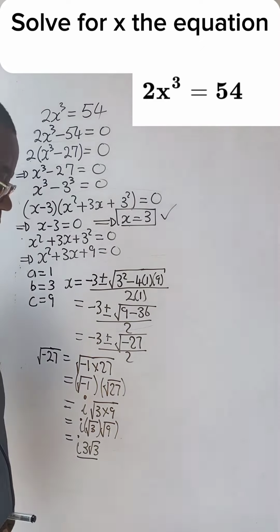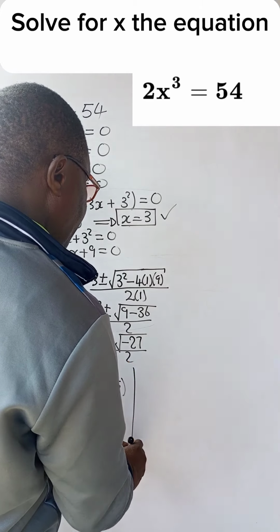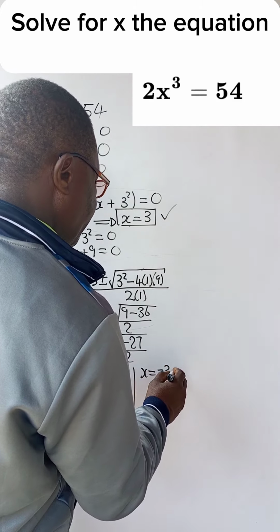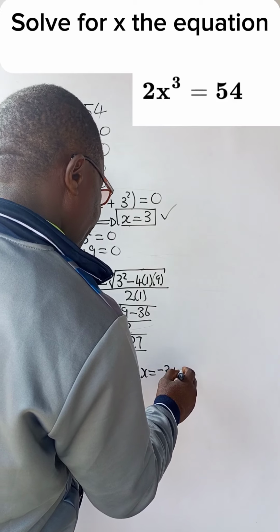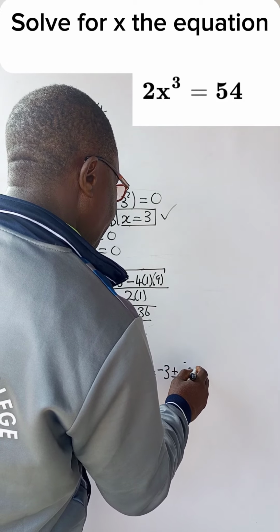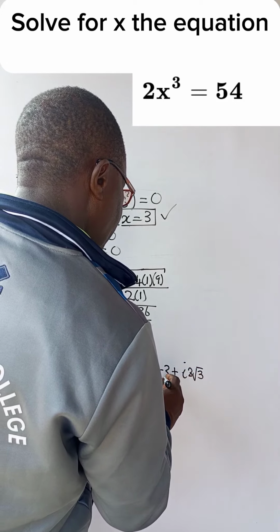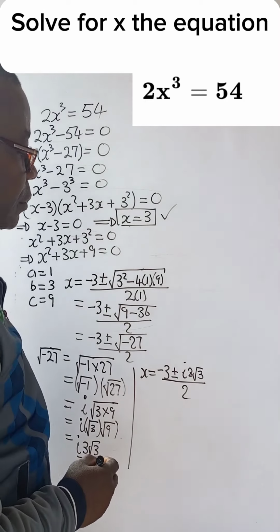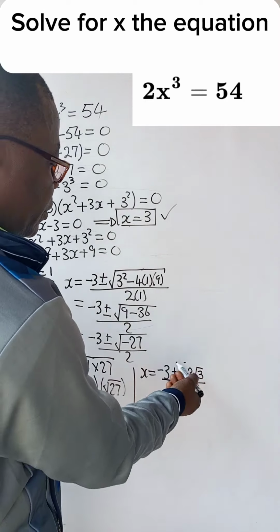Now let's carry this information and put it there. This therefore means that our x is equal to negative 3 plus or minus i 3 root 3, all over 2. So here we now obtain the remaining two solutions of our cubic equation.